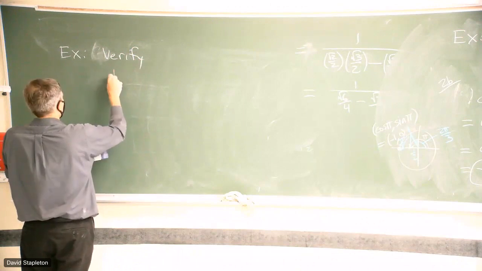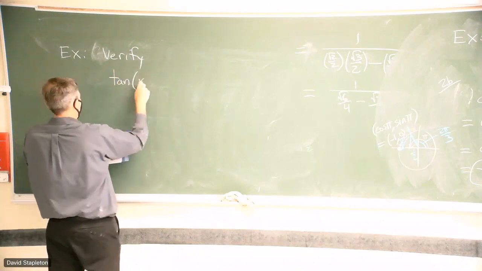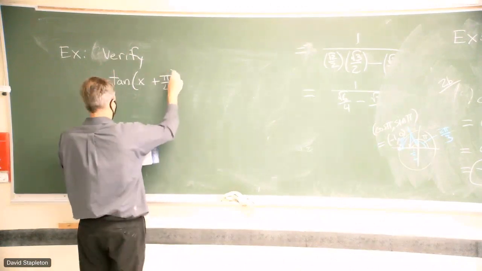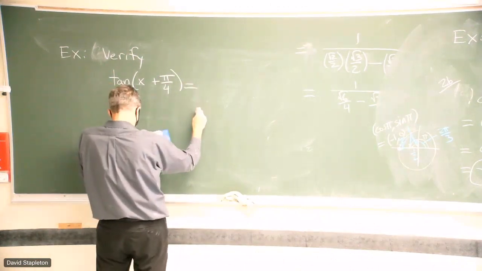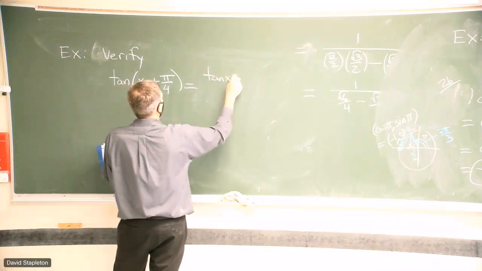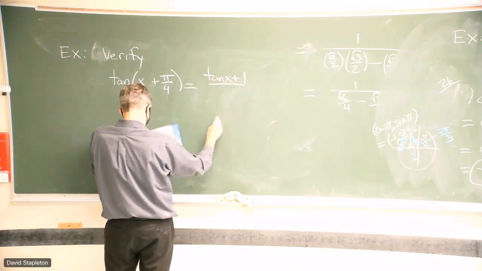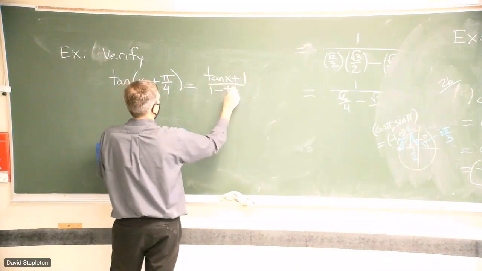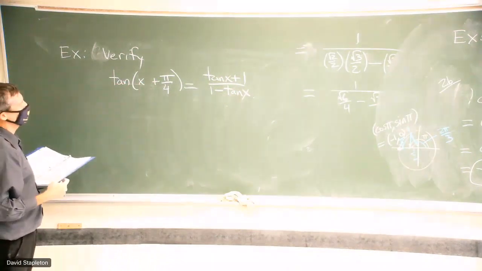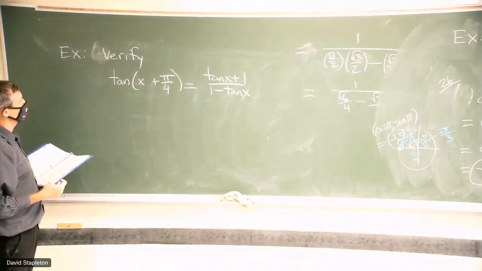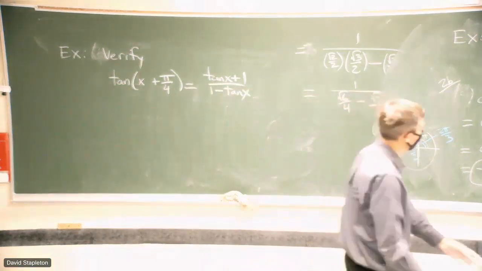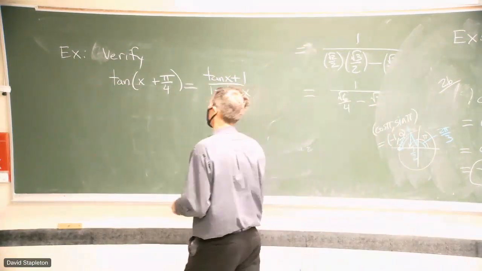That tangent of x plus pi over 4 is actually equal to tangent of x plus 1 over 1 minus tangent x. How about that? Is that true? Hard to tell, right? You can write an infinite number of equations and say maybe that's an identity, but is one really true for all angles x for which both sides are defined, so we call it an identity.